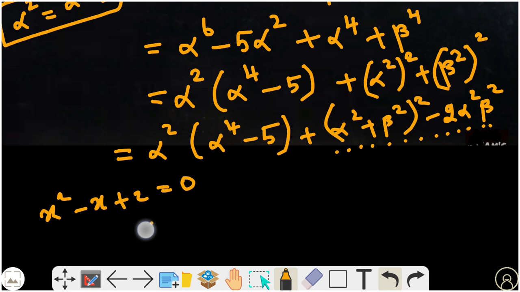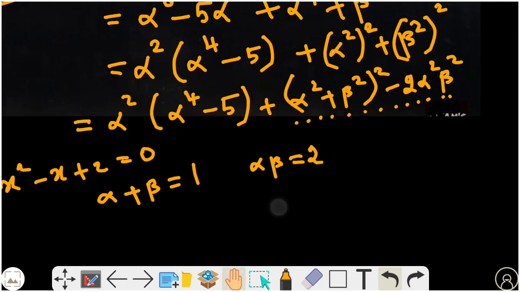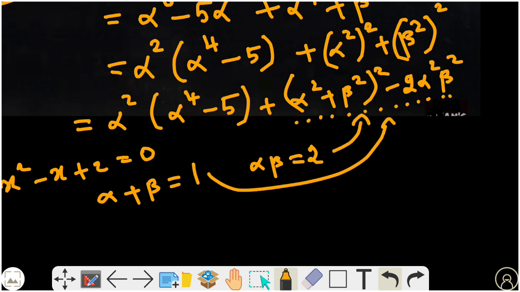From this, what is alpha plus beta? Alpha plus beta is nothing but 1, and for alpha beta, the product of roots and sum of roots, we all know that. We know how to calculate the product of roots and the sum of the roots. Now you have to substitute these values into this term.